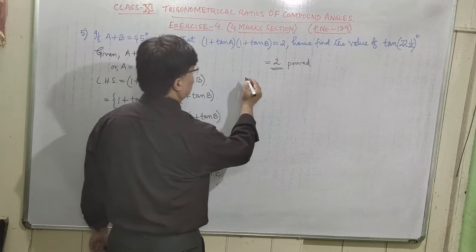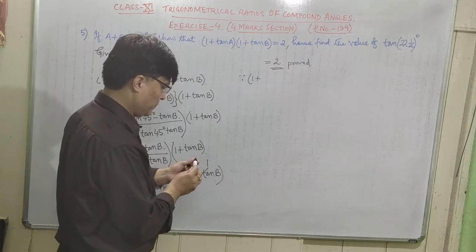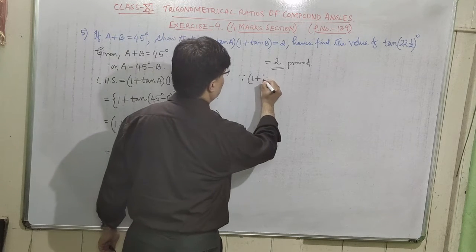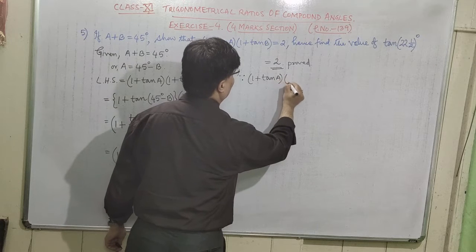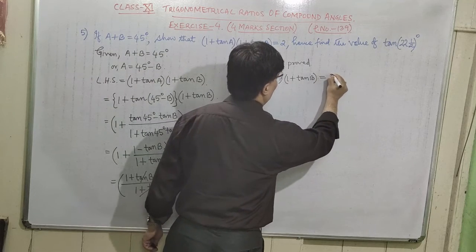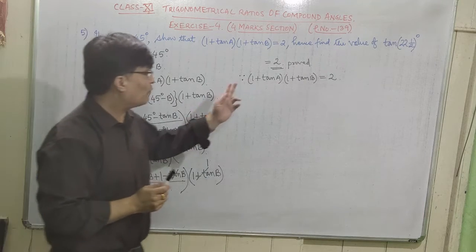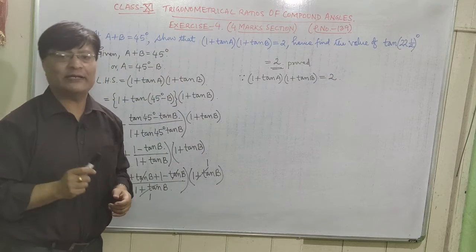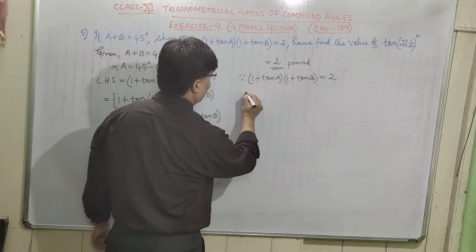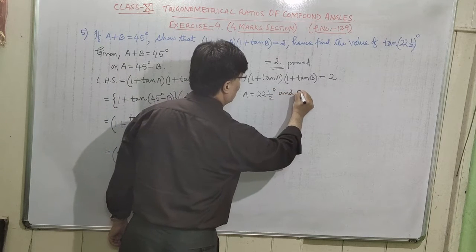Since we have proved that (1 plus tan A)(1 plus tan B) is equal to 2, from this proof we can get the value for tan 22.5 degrees. Since A plus B is equal to 45 degrees, we can put A is equal to 22.5 degrees and B is also 22.5 degrees.